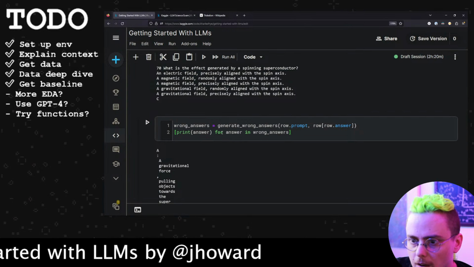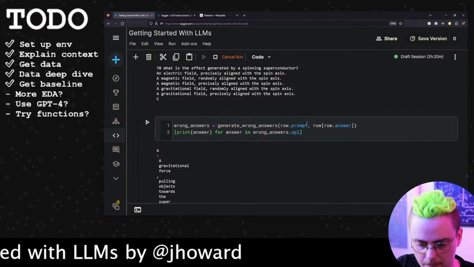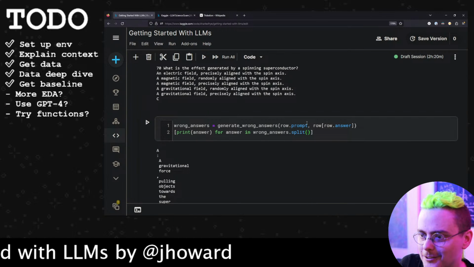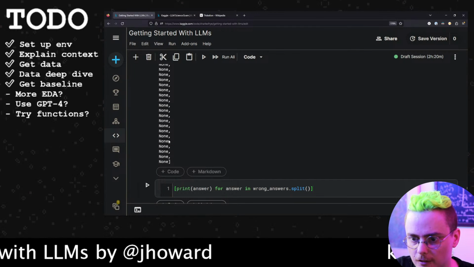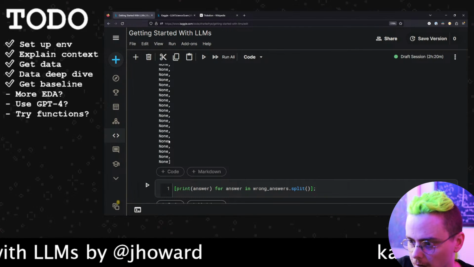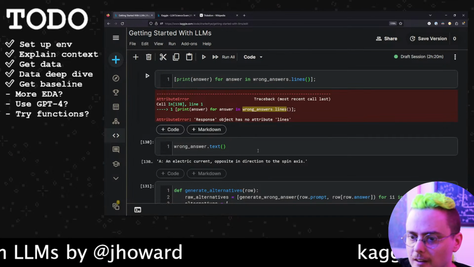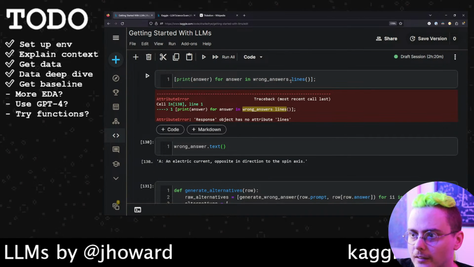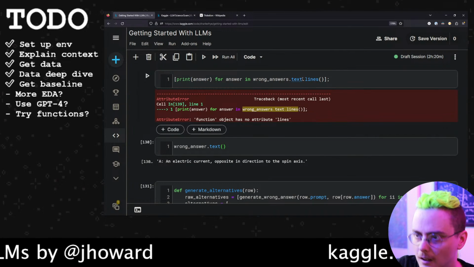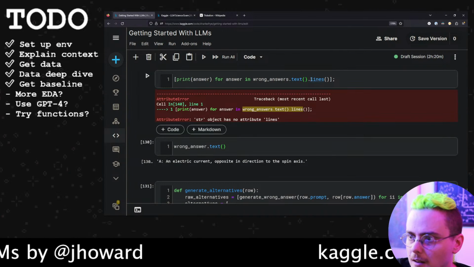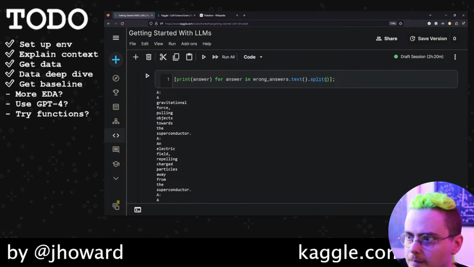So it's not actually split, so I'm getting character by character there. Let's do print answer for answer in wrong answers dot lines. I want to say that's the name of the function. No. Oh, it's wrong answers dot text. And it's a method, and it's not lines. I think it's just dot split.